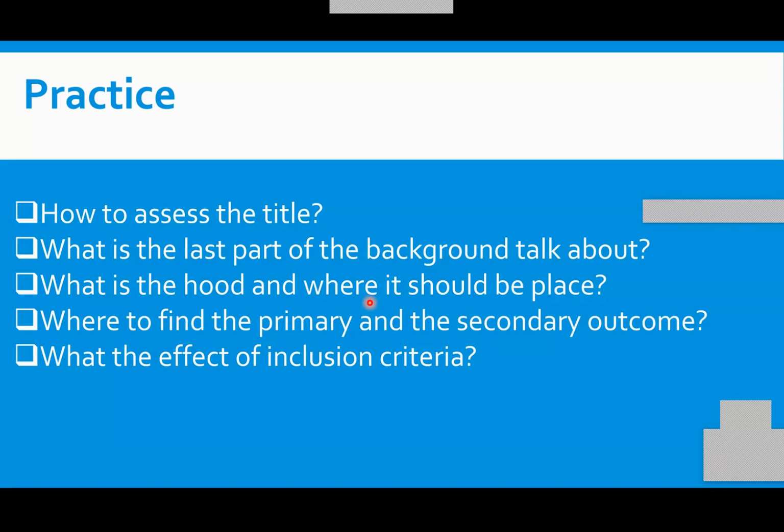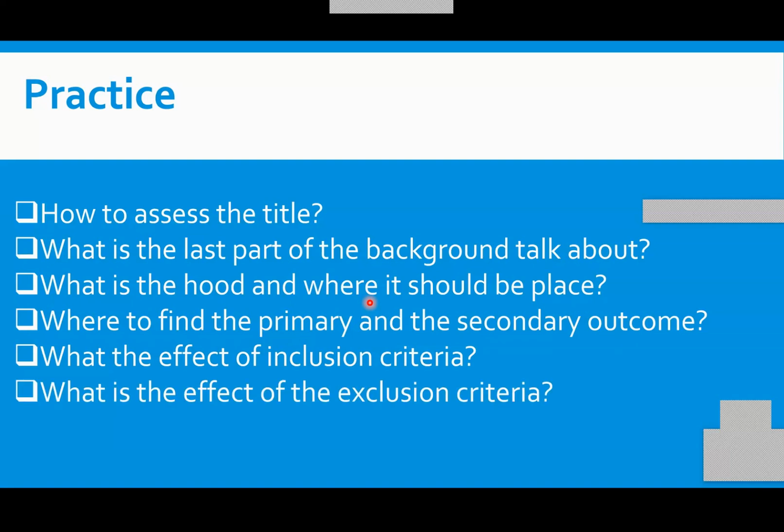The question: what's the effect of inclusion criteria? The effect is the bias. Dr. Isa, so the exclusion criteria is the bias. Who's next? Confounding, limited exclusion.